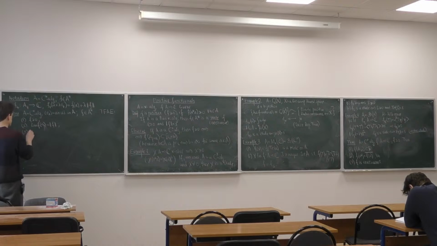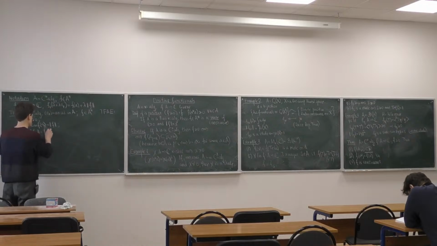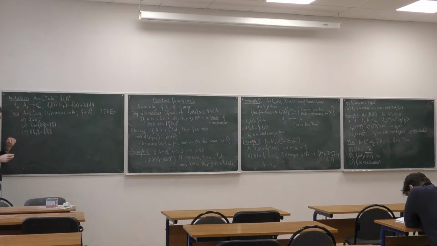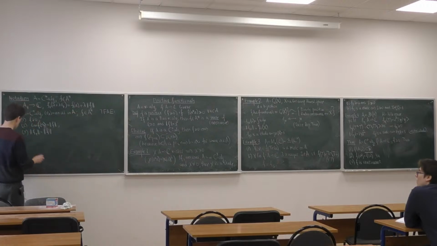Condition 3, the norm of f plus, clearly f plus extends f. So condition 3 is that the norm of f plus is exactly the norm of f, which is quite convenient. So this explains in particular why I multiplied here lambda by the norm of f. And condition 4, f plus is positive.